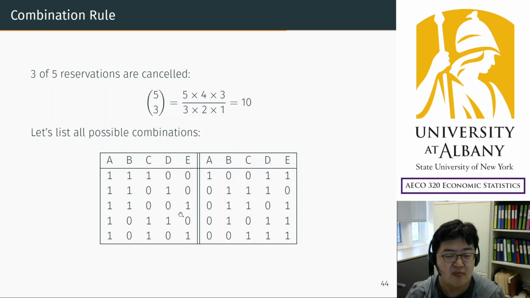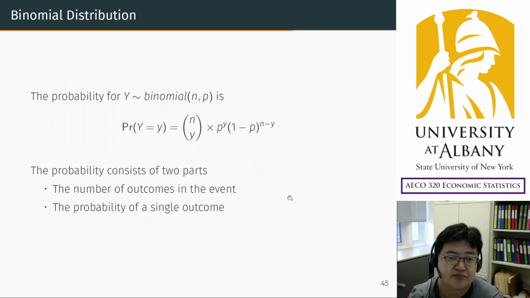So with this generalization, you can calculate the number of possible cases no matter what n and y are. So in the end, we have a general formula for the binomial distribution probability.